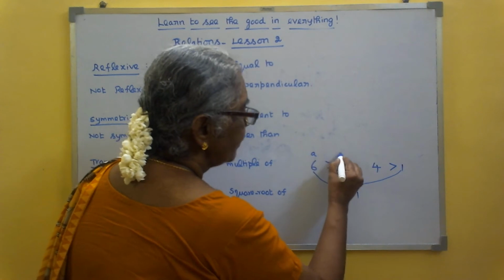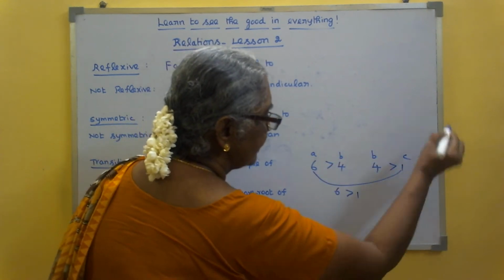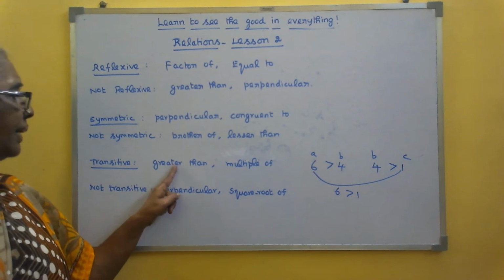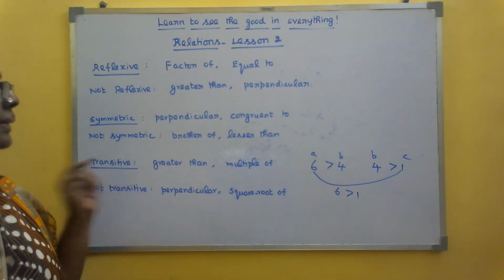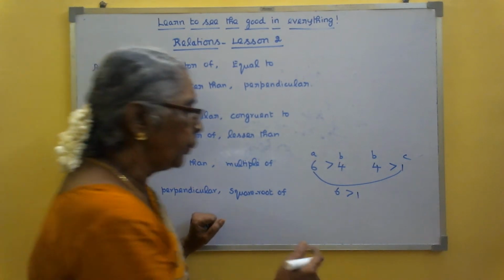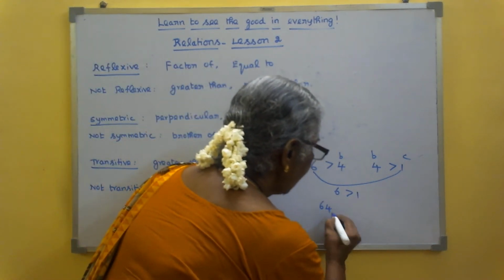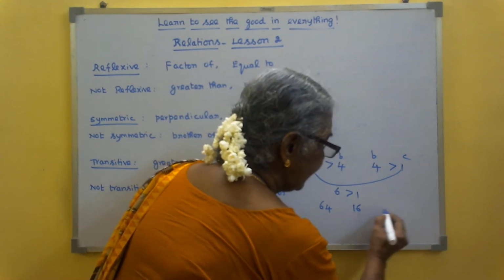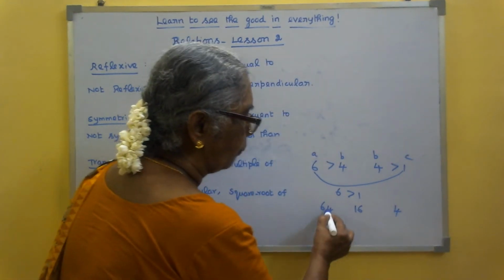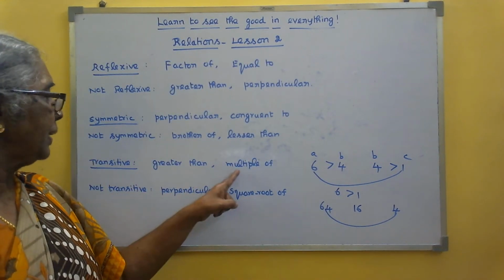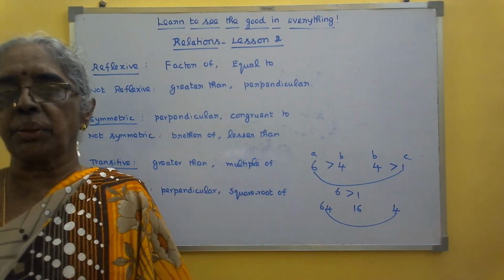This is A, this is B, this is B, this is C. So A is greater than C. So greater than is a relation which is transitive. You consider multiple of. You know 64 is a multiple of 16 and 16 is a multiple of 4 and 64 is a multiple of 4. So, multiple of is a transitive relation.